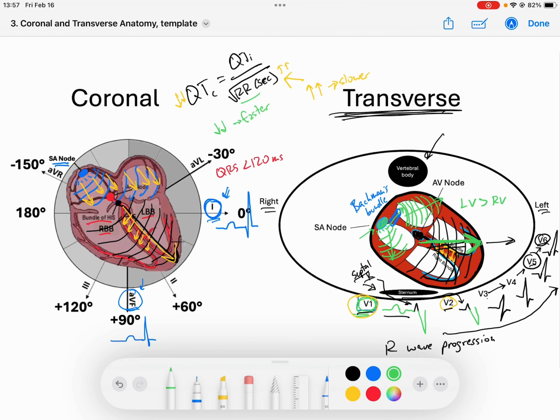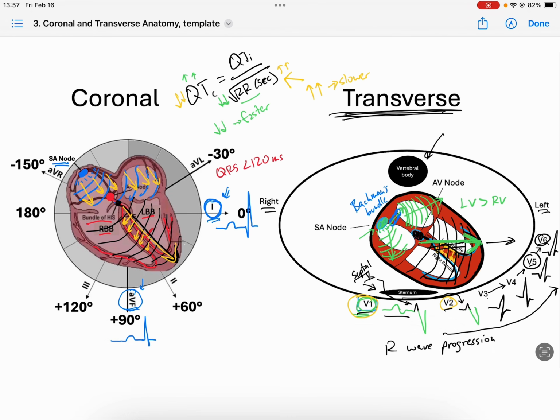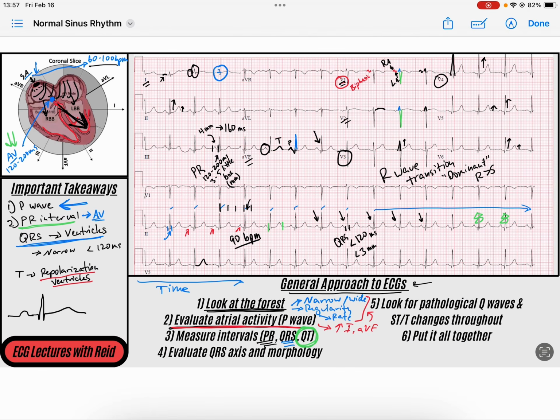So when we measure the R to R in a faster rate, this number is going to go down, and we'll correct it by increasing that correction factor. Essentially all we're getting at is, does the QT interval correlate with the rate? So we adjust it for the rate to make sure that for what the rate is, that's an appropriate QT interval.